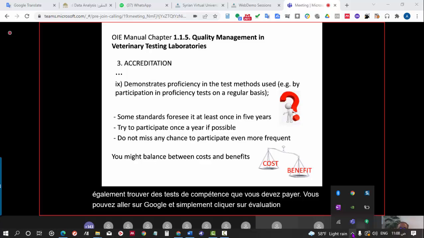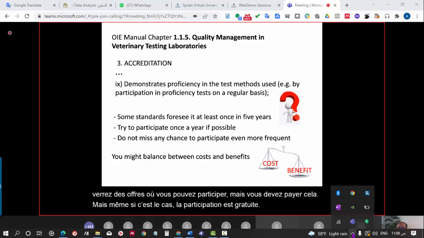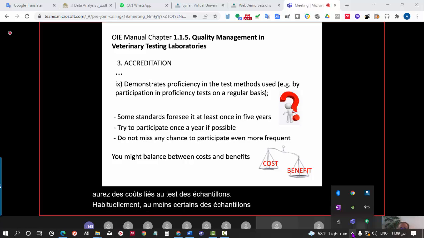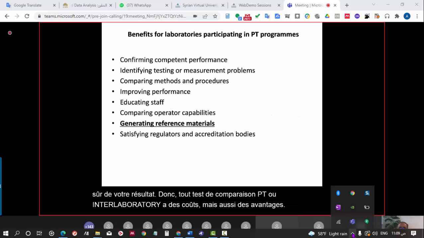But even if participation is free of charge, if organized by, for example, IAEA or some OIE reference laboratory, you will have costs that are related to testing of the samples. Usually, at least some of the samples are retested to be sure in your result. So definitely any PT or interlaboratory comparison testing has costs, but also has benefits due to participation.